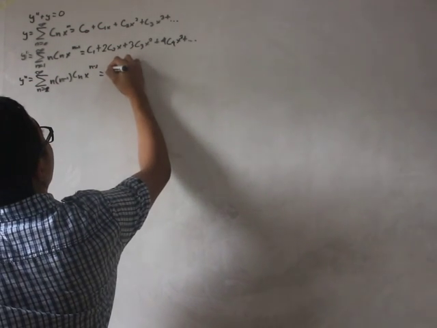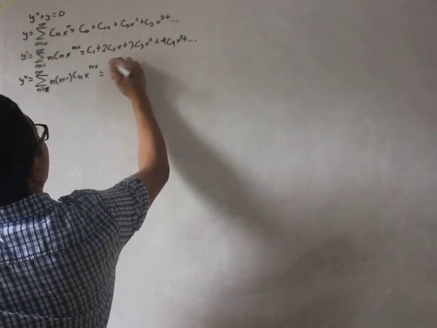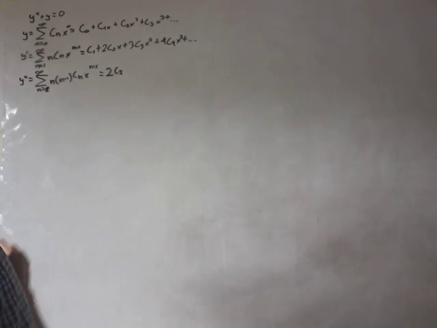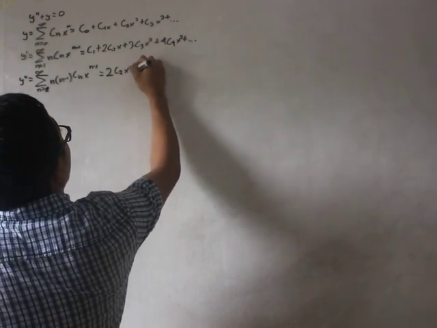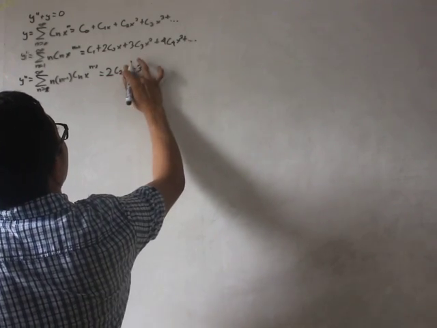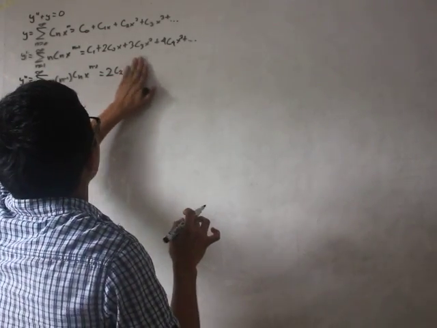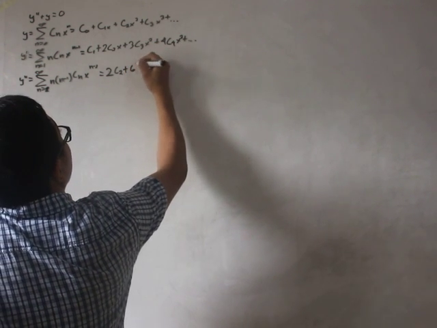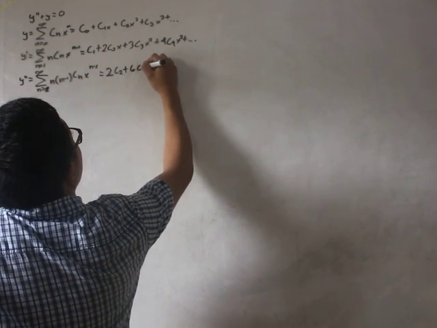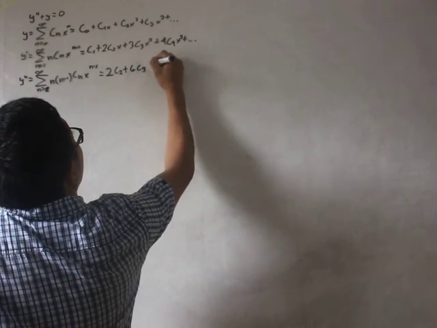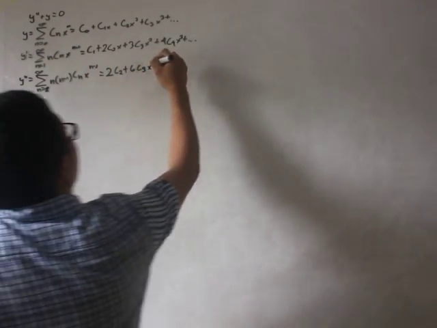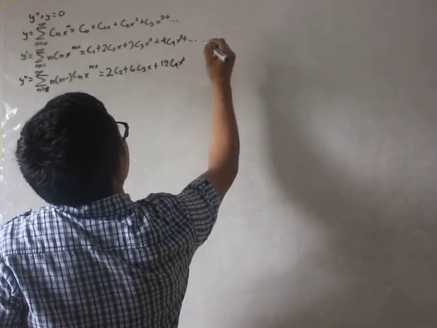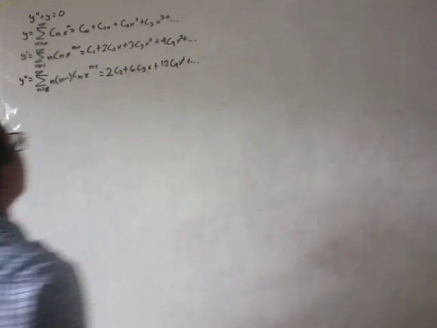So we have 2 c2 plus 6 c3 x plus 12 c4 x squared, and so on.